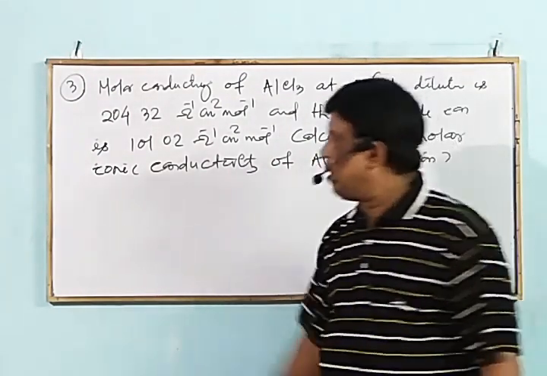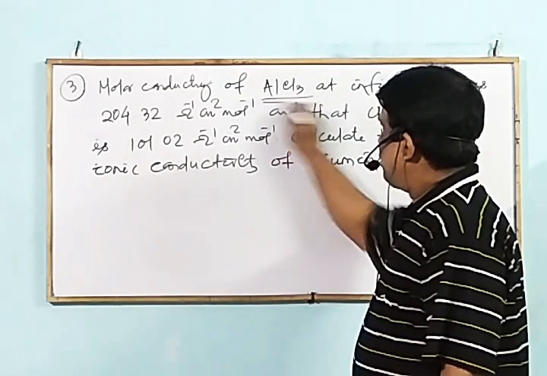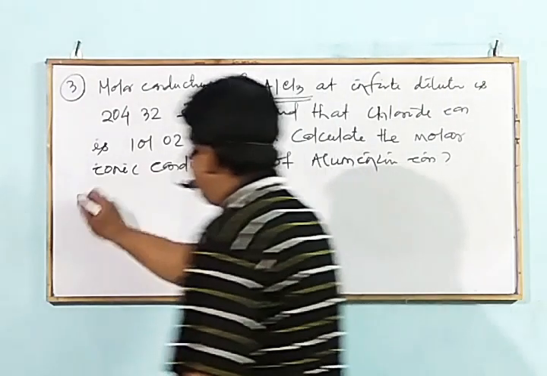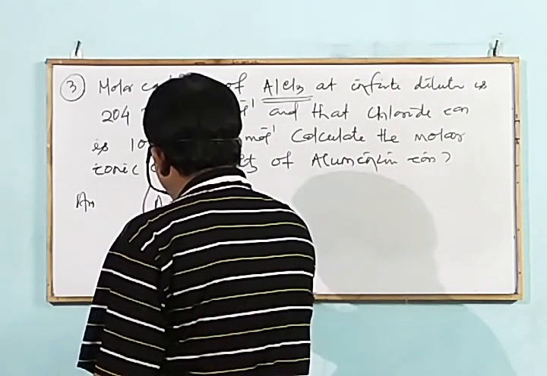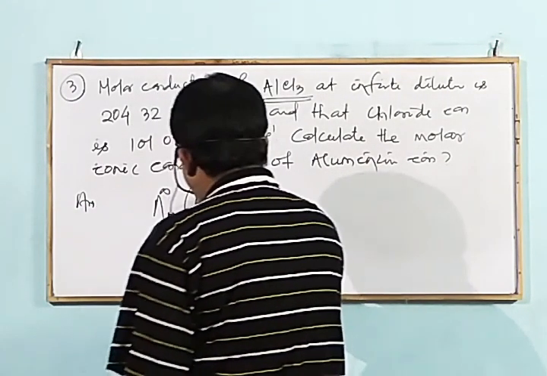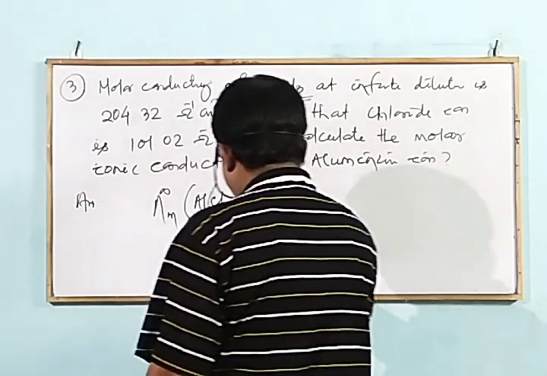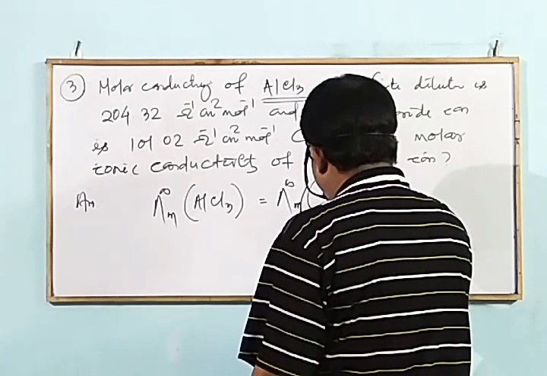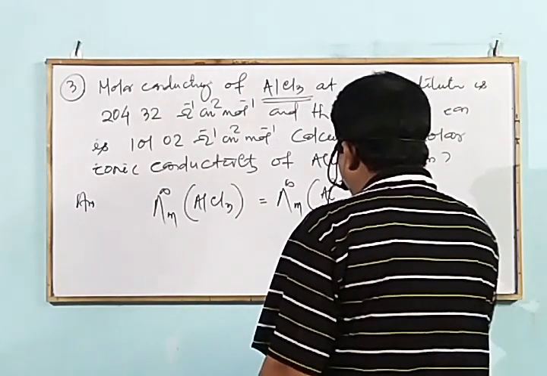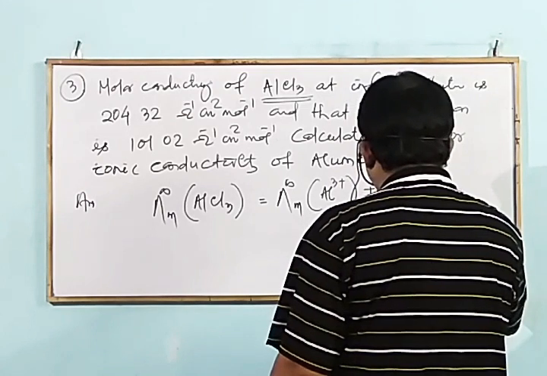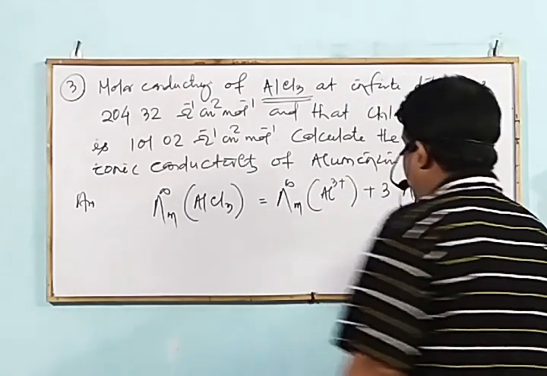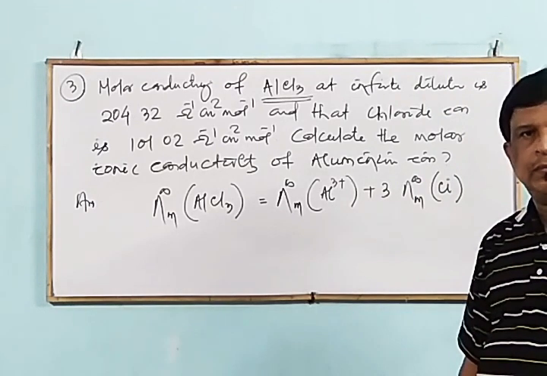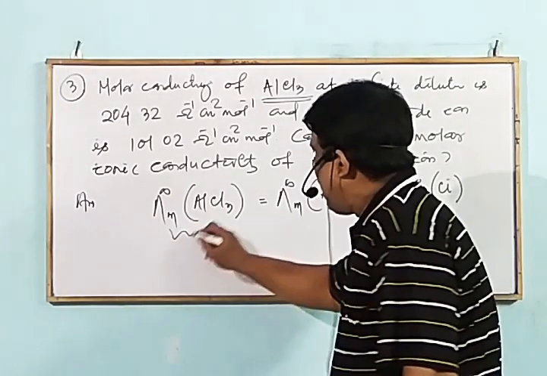Mark the question. What are the data? Molar conductivity of aluminum chloride is given. That means molar conductivity at infinite dilution of aluminum chloride is equal to that of aluminum ion plus 3 times that of chloride ion. By definition, its value is given.